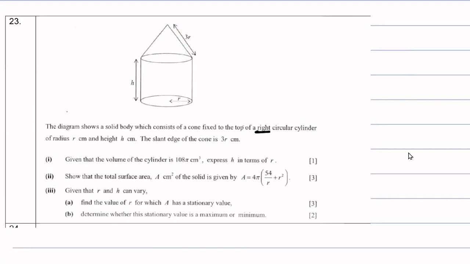Right means that it is not slanted; the top and the center of the circle are along the same perpendicular, you can imagine this 90 degrees here. So it's directly above.